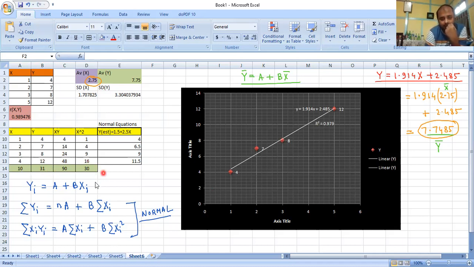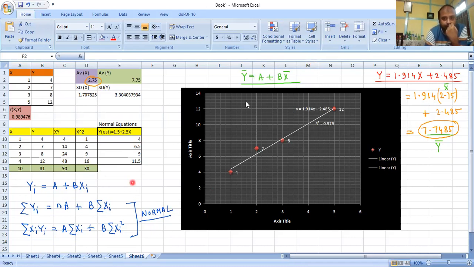I am not going to repeat this process, but if you want to, you can do it yourself in your copy. I substituted all these values in the equation. I'm just showing you how the values look after substitution.